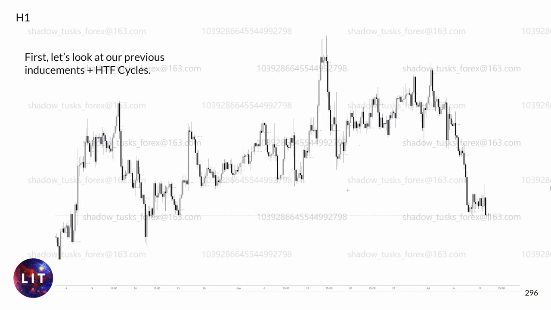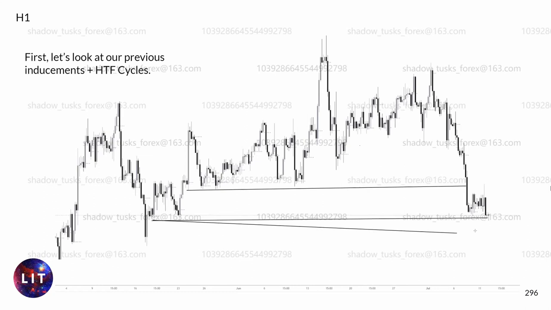So obviously we have our equal lows here, and excuse the non-perfect straight lines, I can't draw a perfect straight line, but like that.